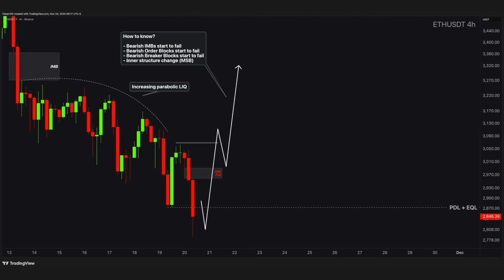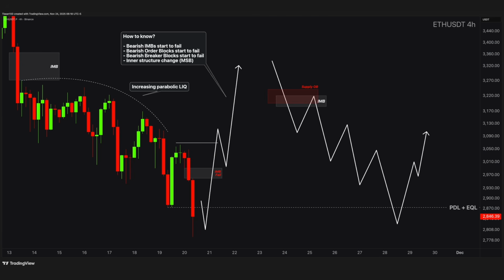If you look closely at this example, you can see the price was following a simple pattern of tapping into inner imbalances and reacting to supply order blocks, and that kept driving the market downward in a steady downtrend. But if at any point that bearish structure suddenly fails, you should start thinking that something is shifting here.